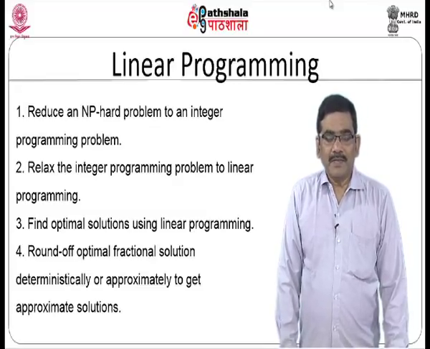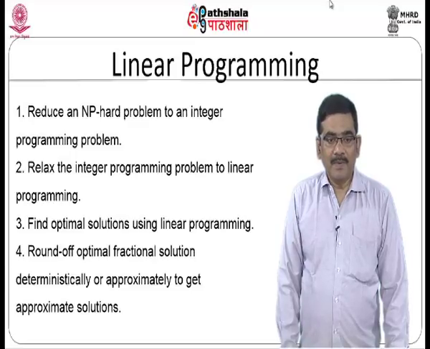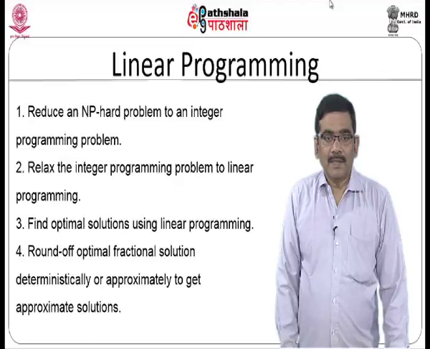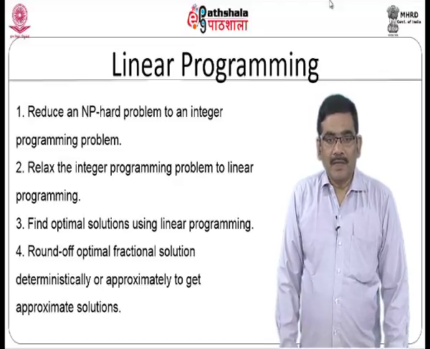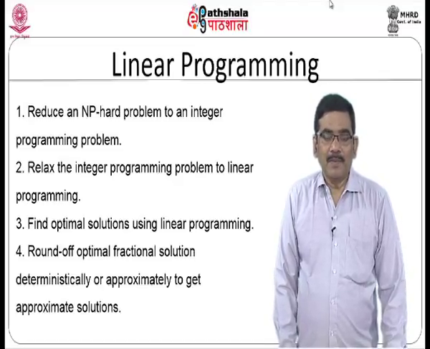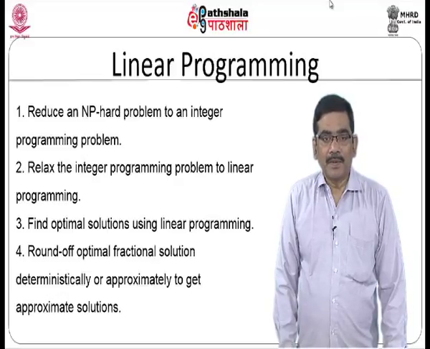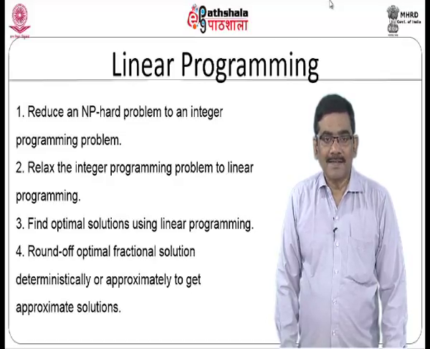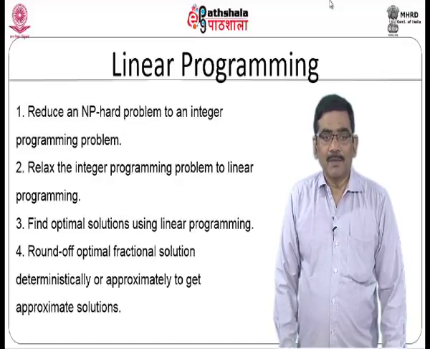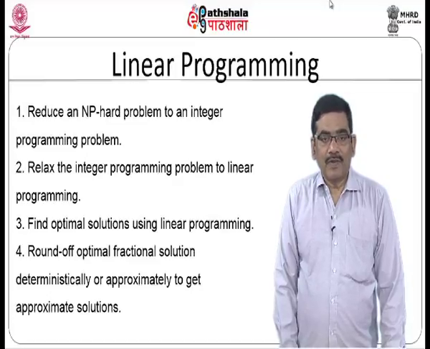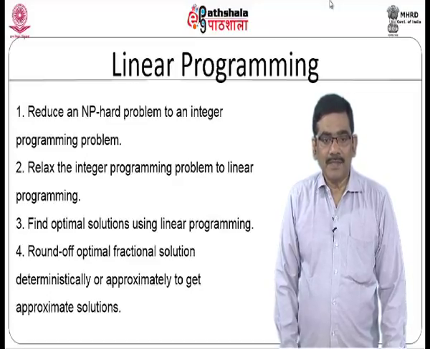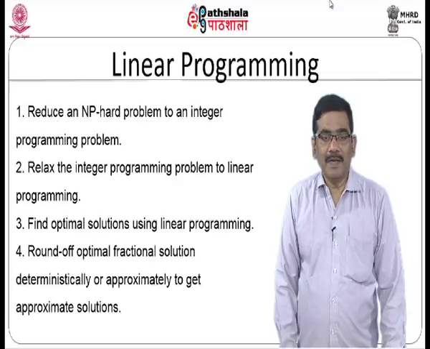The procedure is very simple. If an optimization problem is given, we can model it using integer programming. Integer programs are very difficult to solve, therefore you relax the integer program to a linear program. Then you find the optimal solution using linear programming.